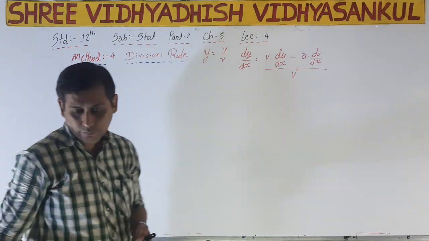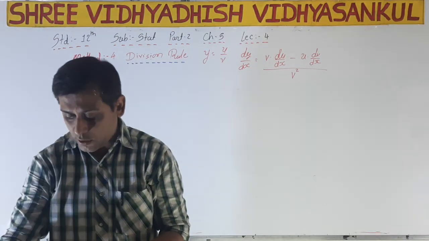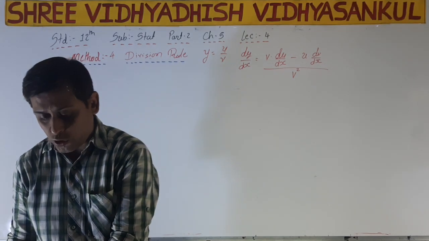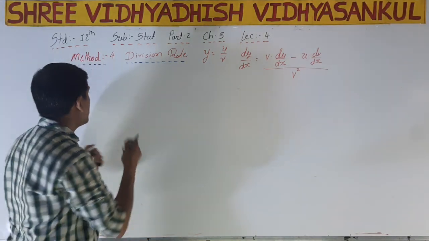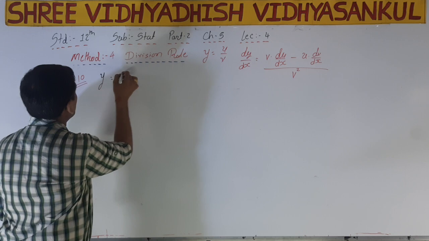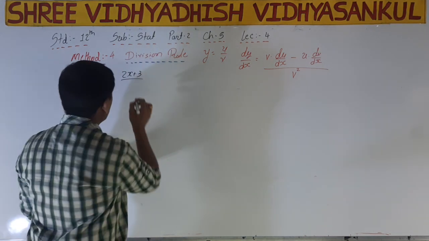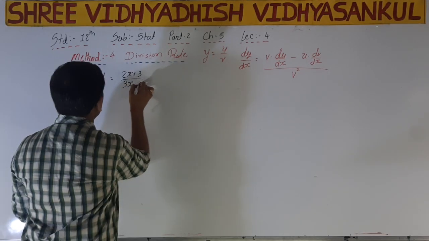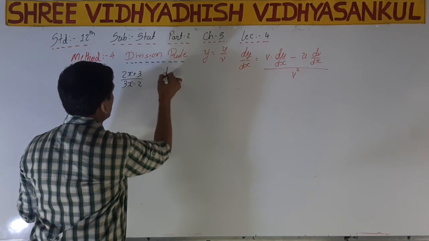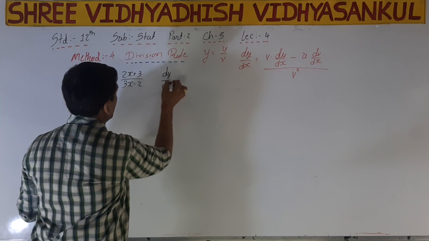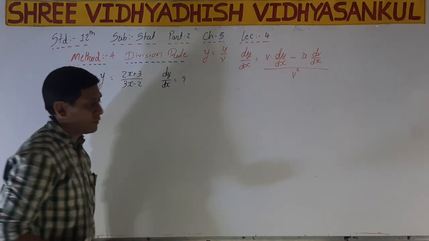If y is equal to 2x plus 3 divided by 3x minus 2, then find out dy by dx.